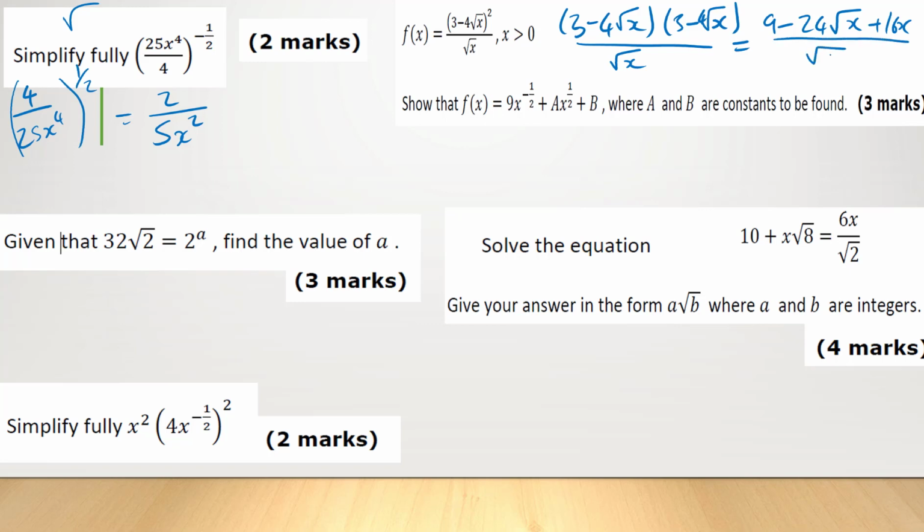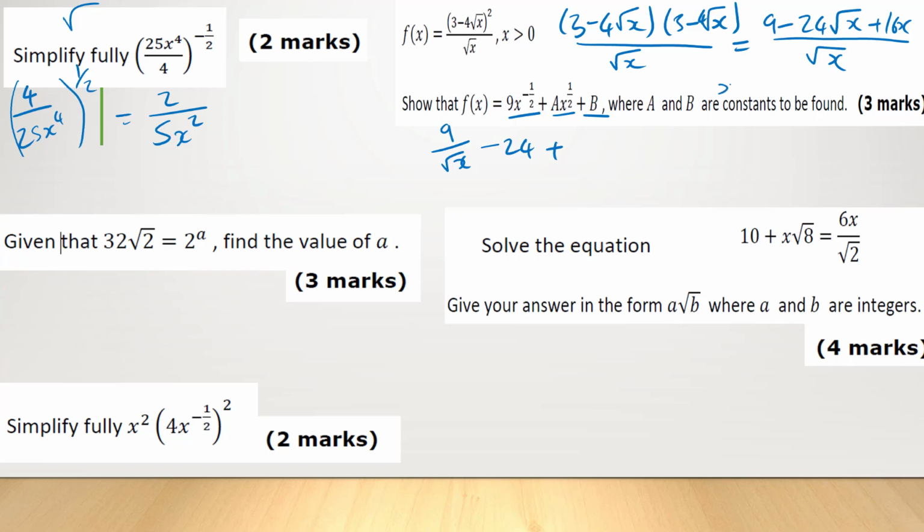all over root x. Let's split this up, so this is going to be 9 over root x. We can see that links to this now. Minus 24 root x over x, that's going to be minus 24. So I was getting confused because that doesn't link to this, but that links to this. Plus 16x divided by root x.